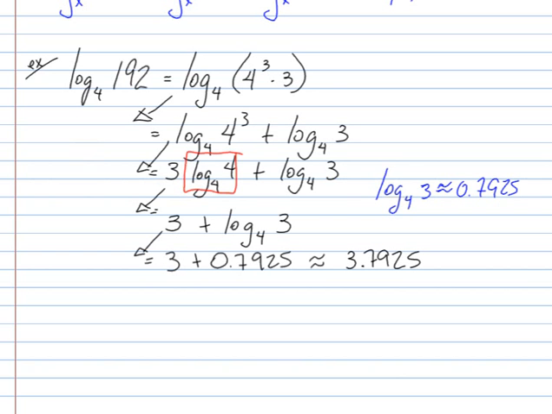Let's look at another example like this one. Here, I am given the log base 4 of 2 is equal to 0.5. And we need to approximate the log base 4 of 32.